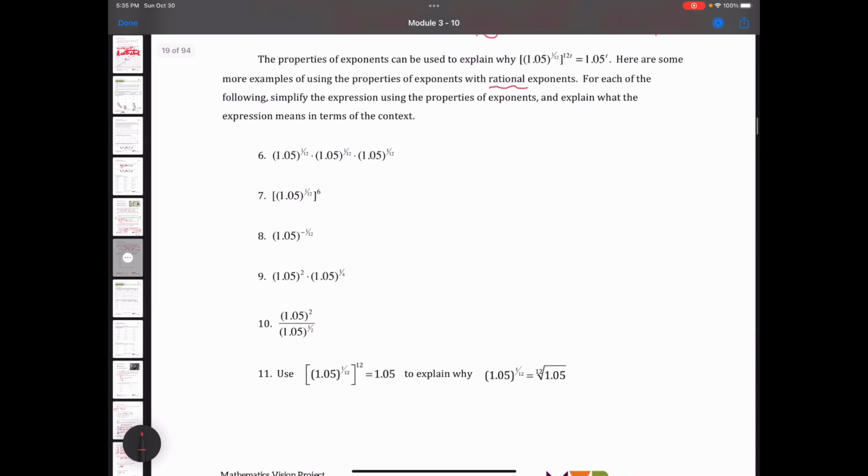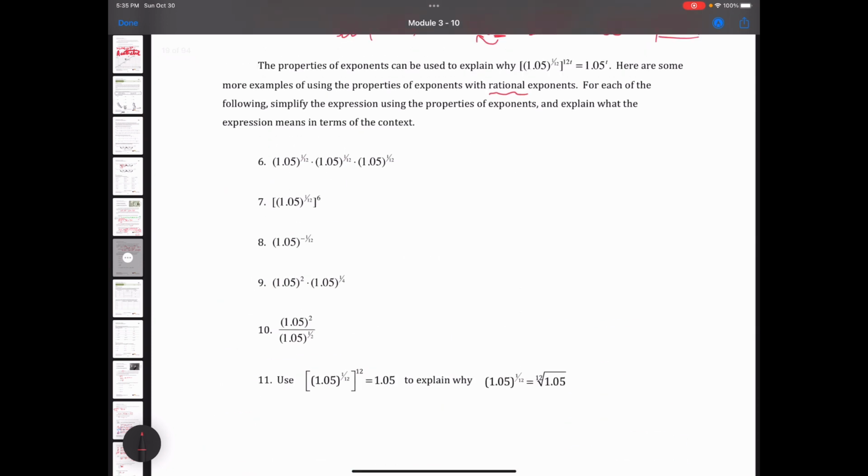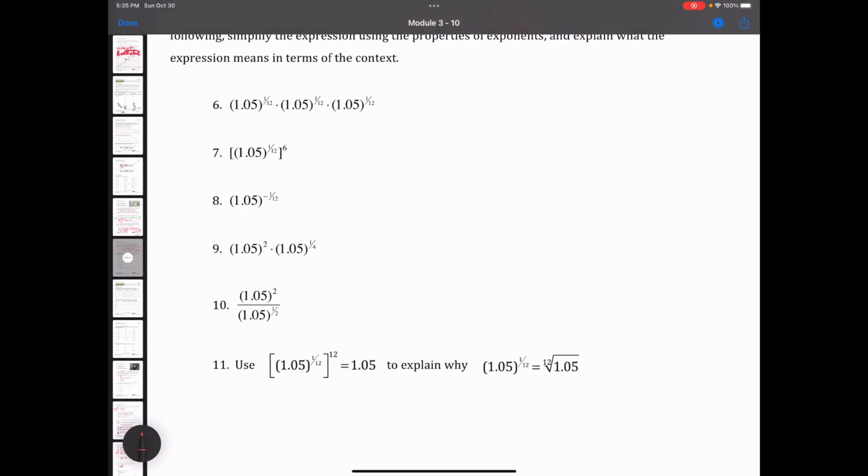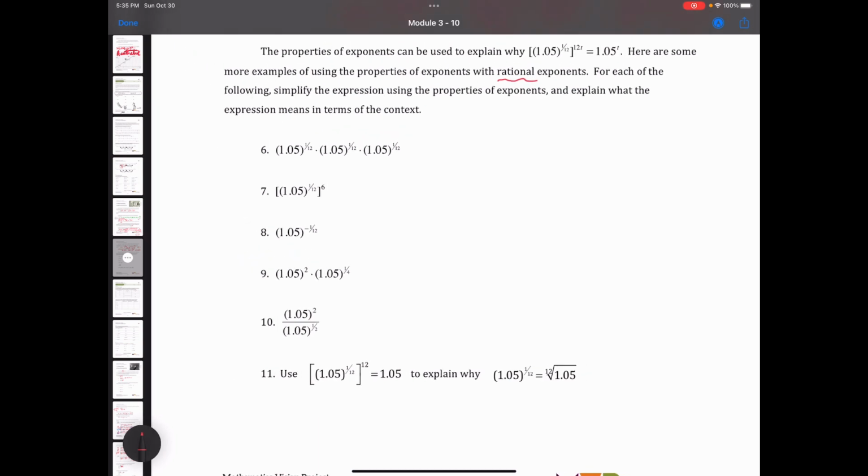I'm going to do one of these with you right now, and then I'm going to have you pause the video, and I'll release the second half of this video partway through class so that you have to actually try to work on these a little bit. So think about what we talked about previously in this lesson with adding exponents, with multiplying exponents, and see what you can do looking at this lesson and the previous lesson to figure out what these are.